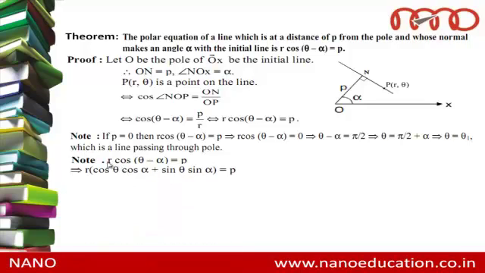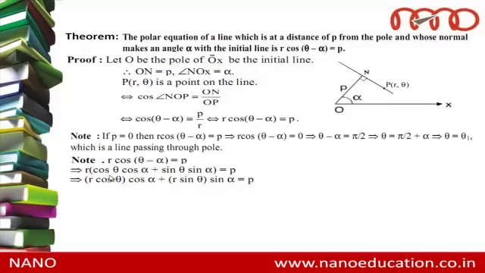Take another note. r cos(theta minus alpha) equal to p, as we discussed, is the equation of a line whose normal is at a distance of p from the pole and making an angle alpha with the initial ray. Expanding this, r (cos theta cos alpha plus sin theta sin alpha) is equal to p.